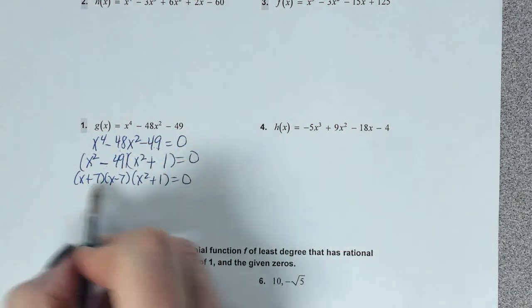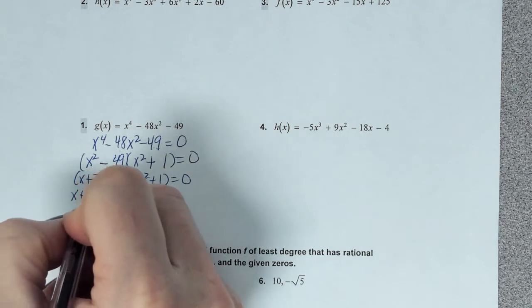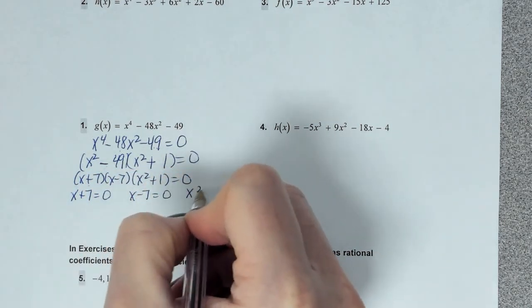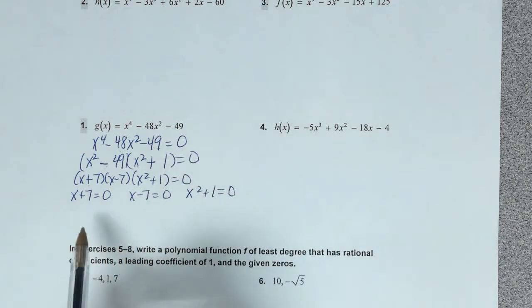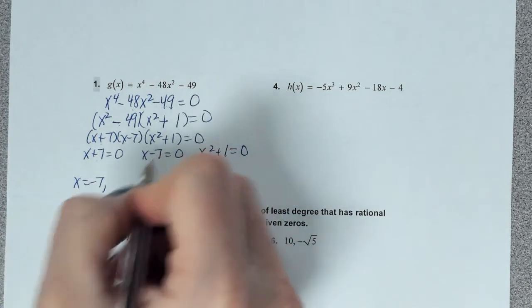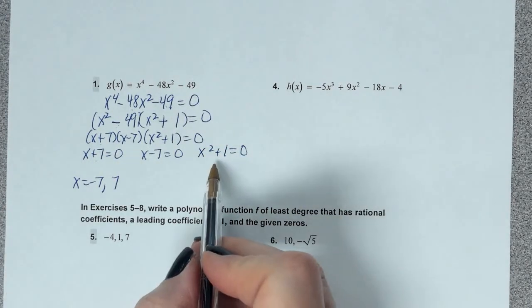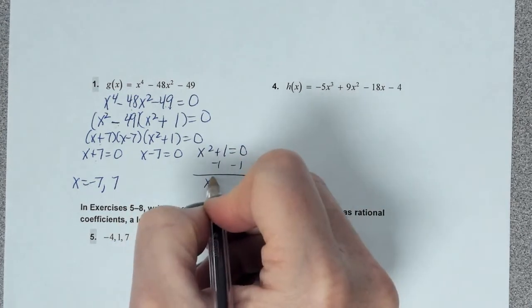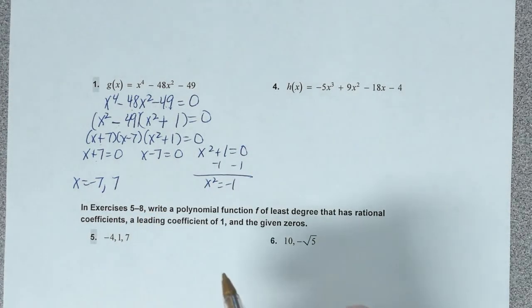So once I have it completely factored, I set each factor equal to 0. So this, of course, is going to have a solution of -7. This is going to be a solution of +7. On this one, I'm going to subtract 1. I get x squared equals -1.